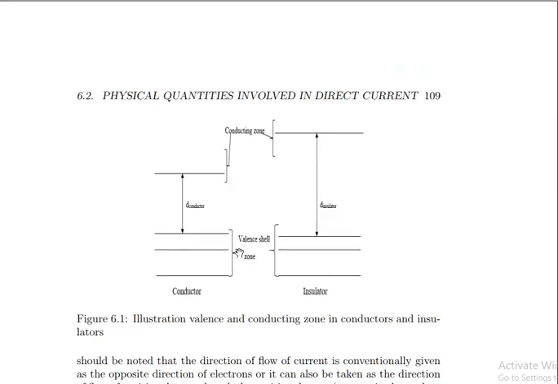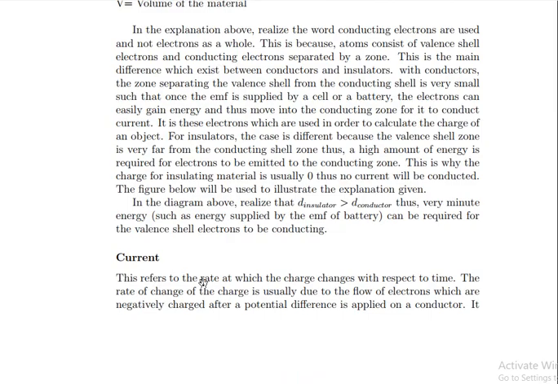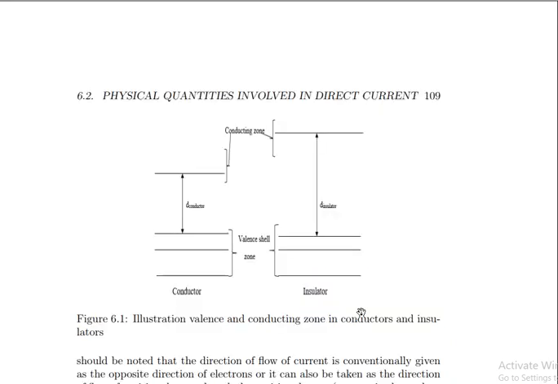So now let's visualize what the current is. The current refers to the rate at which charge changes with respect to time, and this rate of change of charge is usually due to the flow of electrons from the negative terminal of the battery to the positive terminal of the battery.